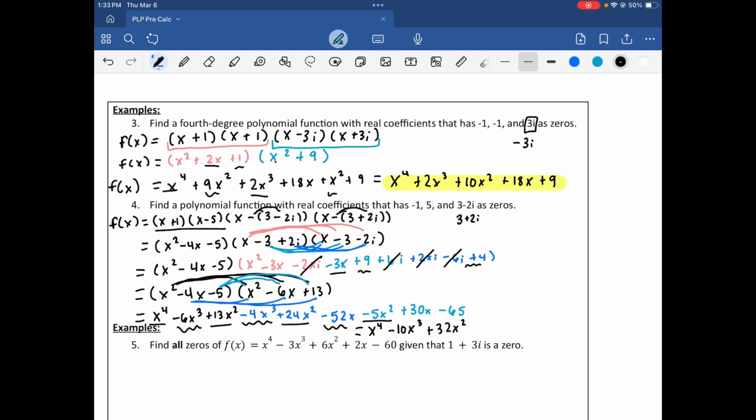And my x's, minus 52x plus 30x, it's going to give me minus 22x minus 65. So again, really ugly for a second, and then it all works out nicely.